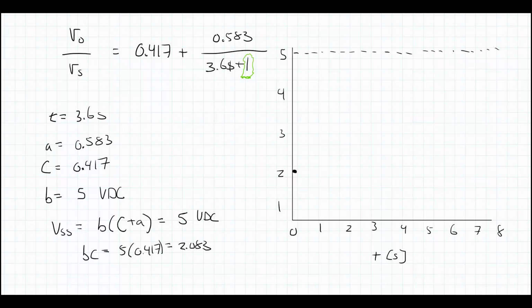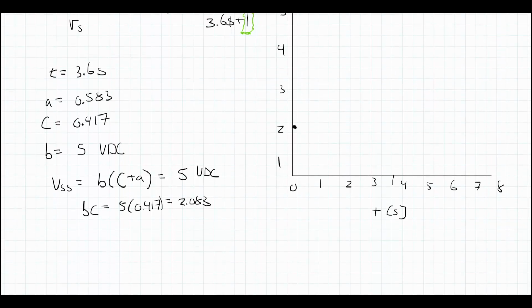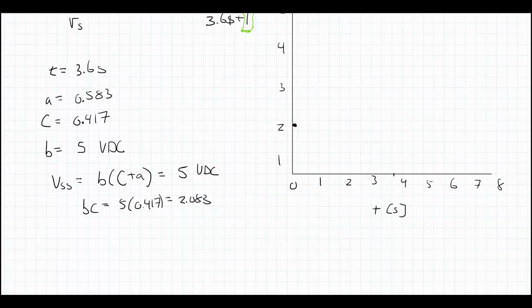So the last thing I want to put on my sketch here is my value at the time constant, so 3.6 seconds. Well, what we're going to have there is we are 63% of the way between our starting point and our steady state value. So that means that our v of tau is 0.63 times the difference between the steady state and our initial, 2.083, plus our initial value.